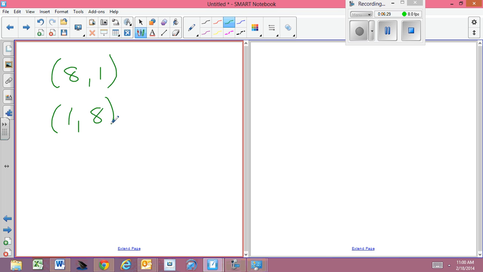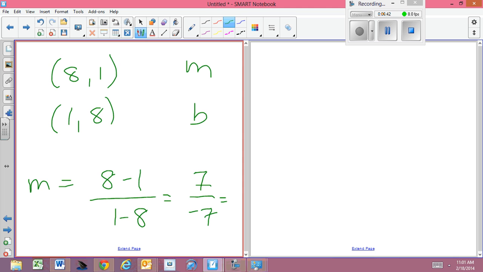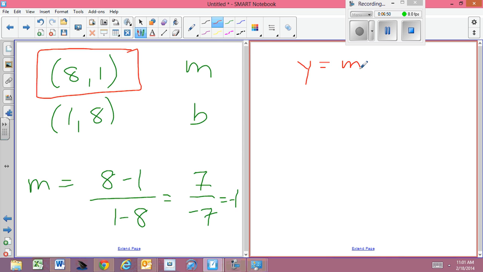All right, if I'm writing the equation, I need to know the slope and I need to know the y-intercept. Given the 2 points, I can find the slope by just doing change in y over change in x. And I figure out that the slope of this line is -1. Now, I can pick either point to calculate the y-intercept. It doesn't matter which point.